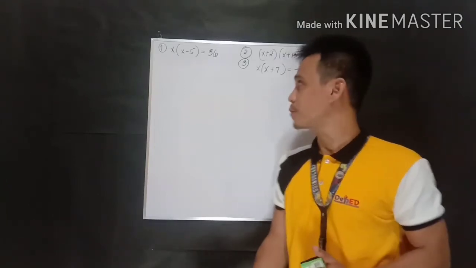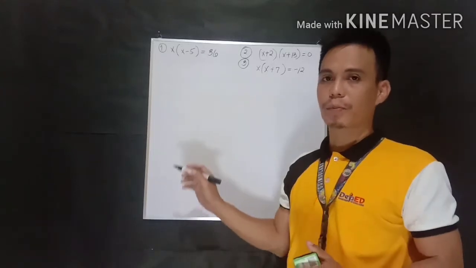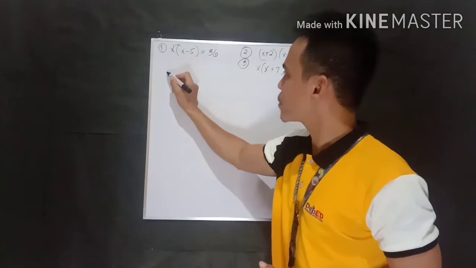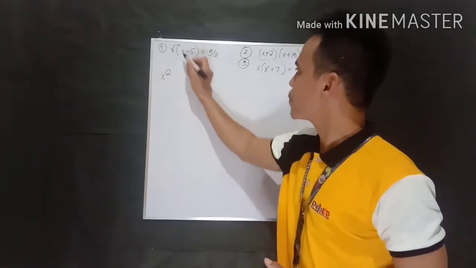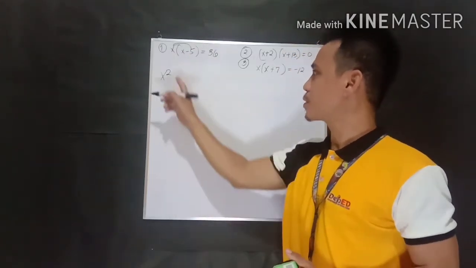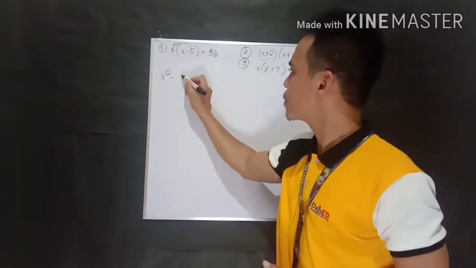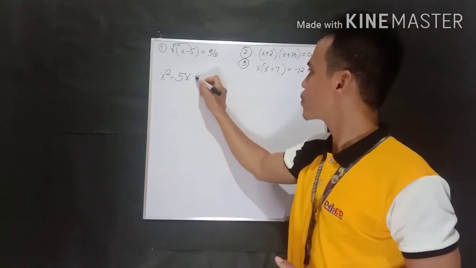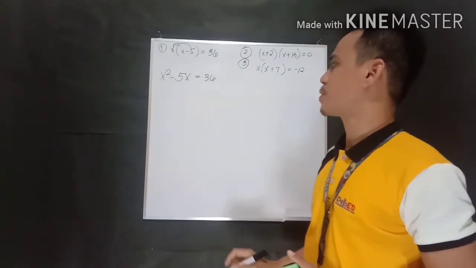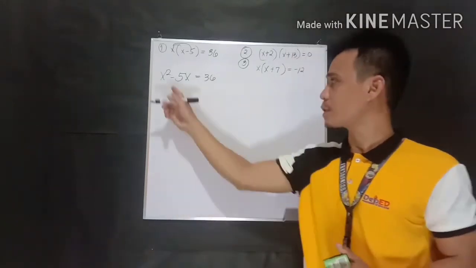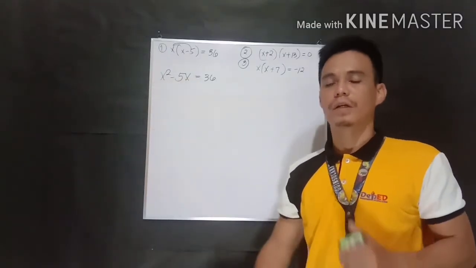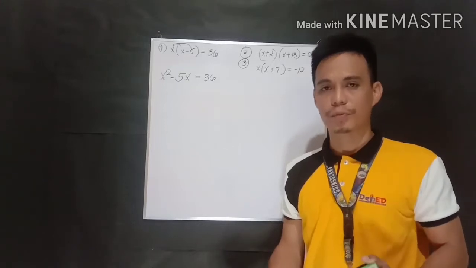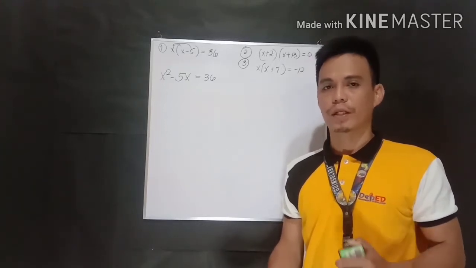Using the distributive property of multiplication, we have x multiplied to x is x squared, and x multiplied to negative 5 is negative 5x, equal to 36. Now we have formed a quadratic equation. And to solve for this, we have to follow the processes of solving quadratic equations.